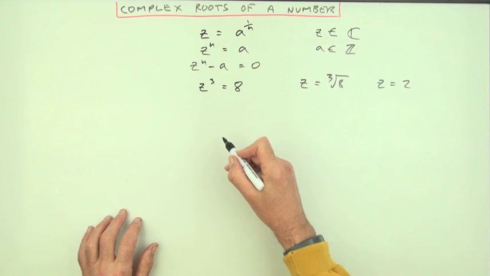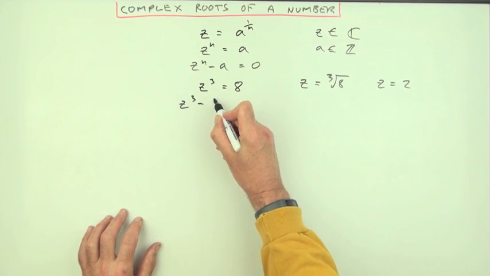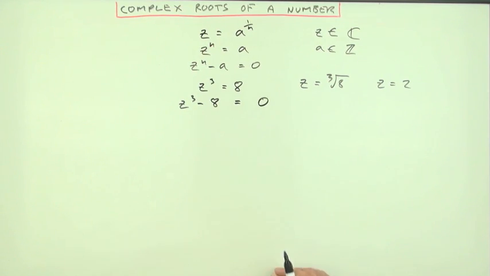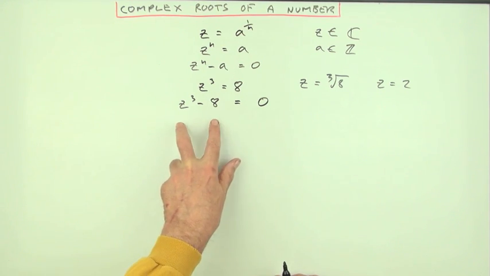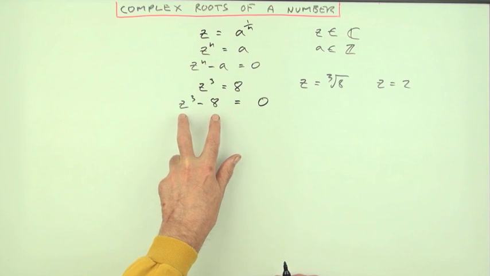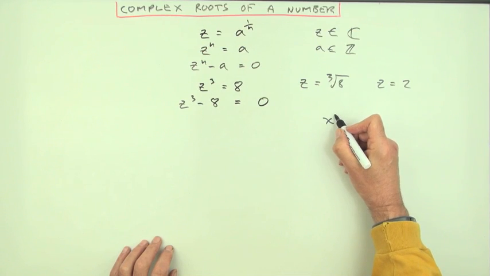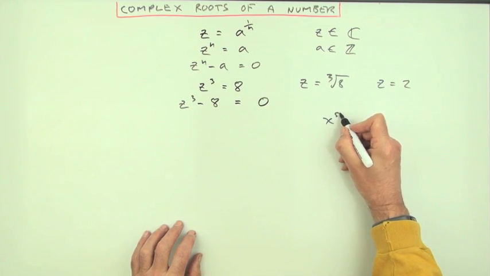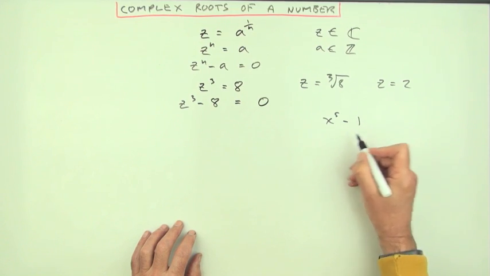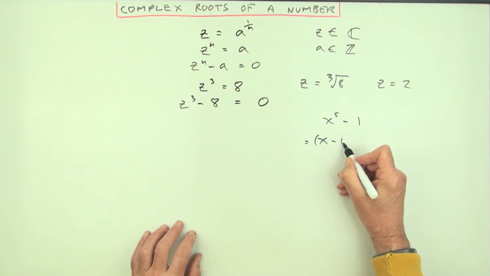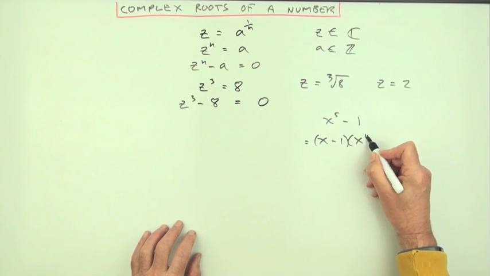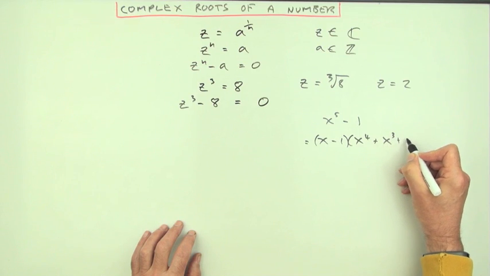Oh, I'll just have to go for my polynomial. Z cubed minus a equals 0. So I'll be factorising that then. Now there's a pattern for these difference of powers. If I just go back to ordinary x's, if I had something like x to the power 5 minus, we'll make it 1 to begin with, that factorisation would be x minus 1 times, and then all the powers below it.